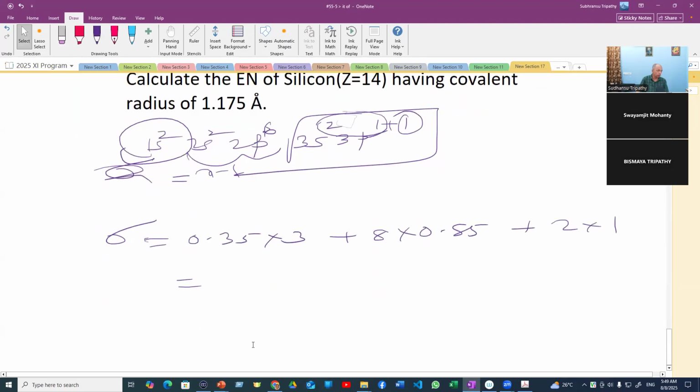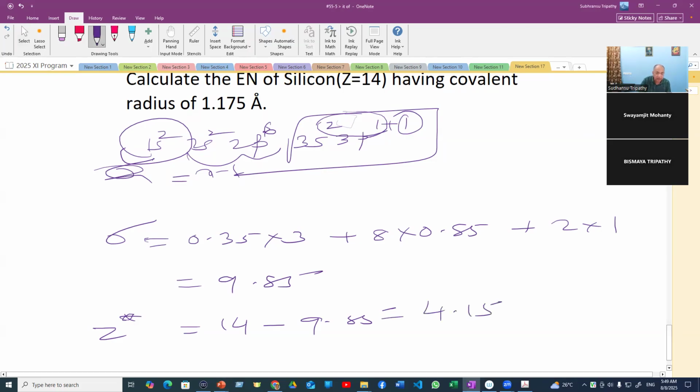So 9.85. If this is sigma, then Z star is equal to 14 minus 9.85, so 4.15. 4.15 is the effective nuclear charge.